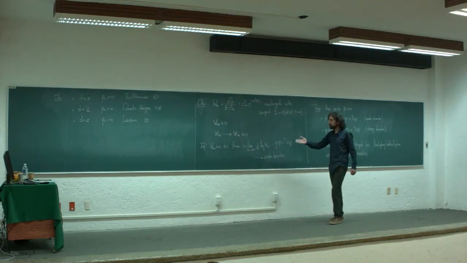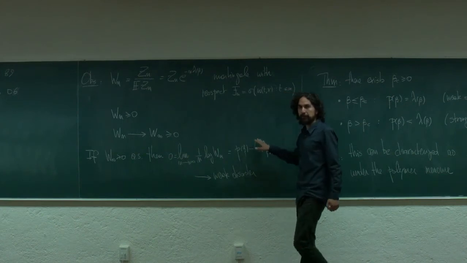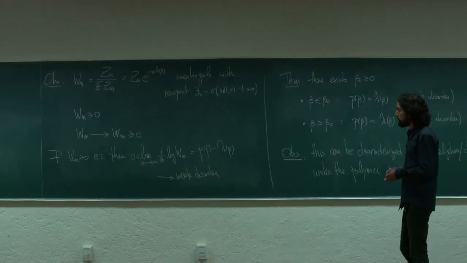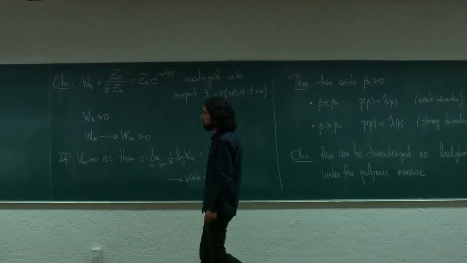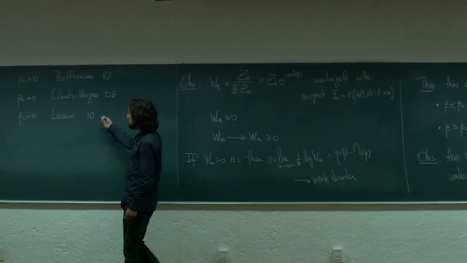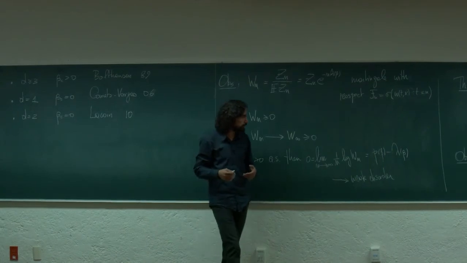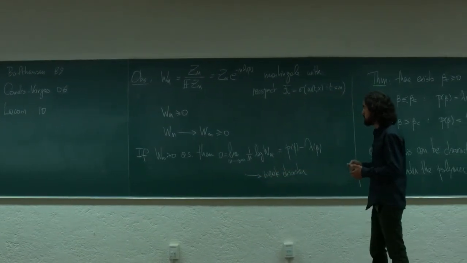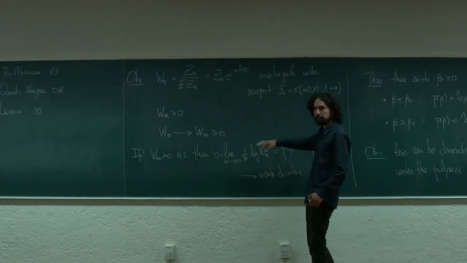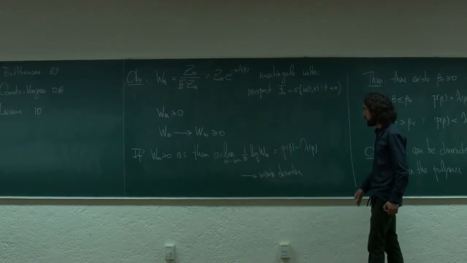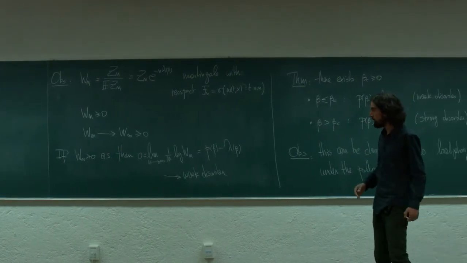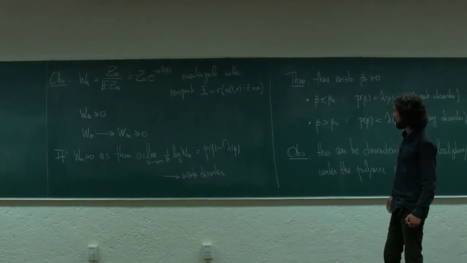So for instance, if you know that it decays exponentially fast to 0, then you're basically done. But that's something we don't know. And that's actually the idea used by Lacoin to show his results. So he used some fractional moments method. He was able to show that there was exponential decay at this level, and he obtained the strict inequality between p and lambda. But again, in the general case, it's something we don't know.